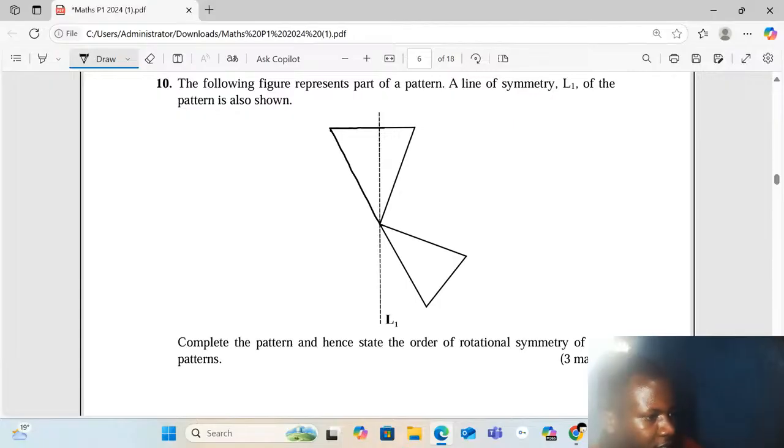So we have this one, and then I have this. Then we join.